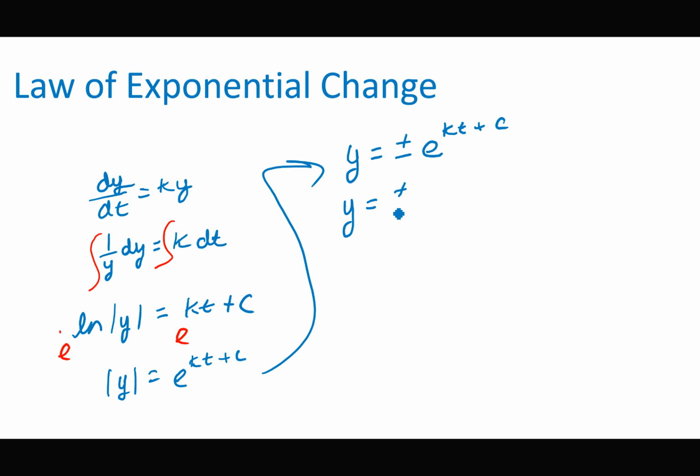Does anybody remember our exponent properties? If I have a sum in my exponent, can I separate those? How do I separate those? So this is the same as e raised to the kt times e to the c. You can separate that.